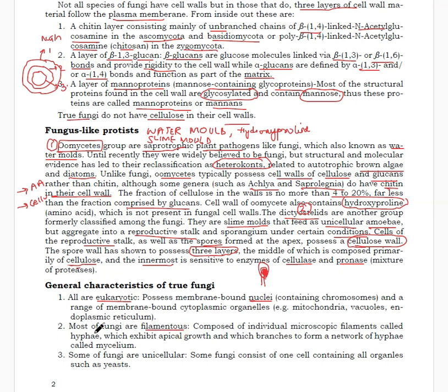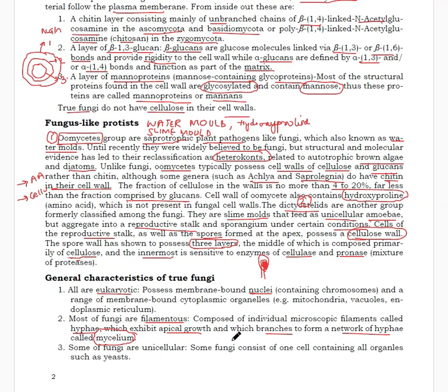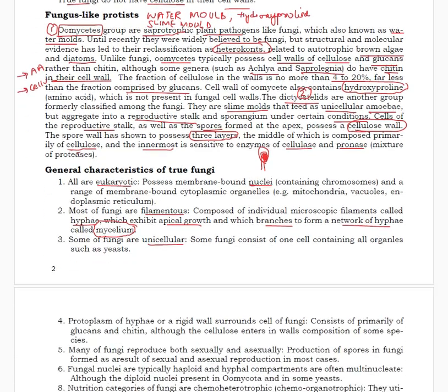Filamentous means they have hyphae-like structures which have apical growth and which branch to form a network of hyphae. The network of hyphae is known as mycelium, and there are some fungi which are unicellular as well. Example, yeast. This unicellular cell has all the organelles.